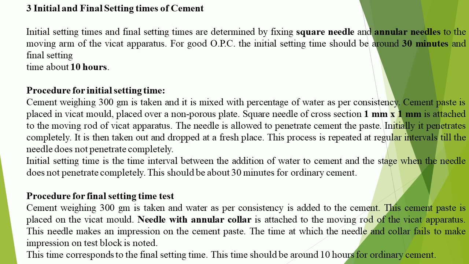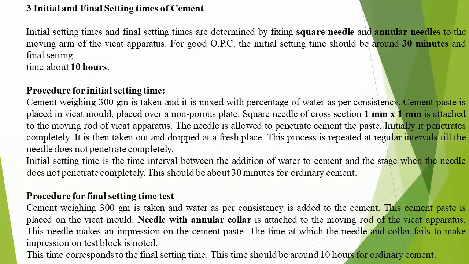Initially it penetrates completely. It is then taken out and dropped at a fresh place. This process is repeated at regular intervals till the needle does not penetrate completely. Initial setting time is the time interval between the addition of water to cement and the stage when the needle does not penetrate completely.